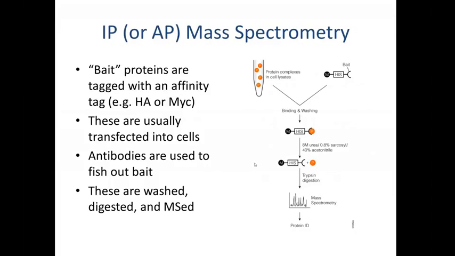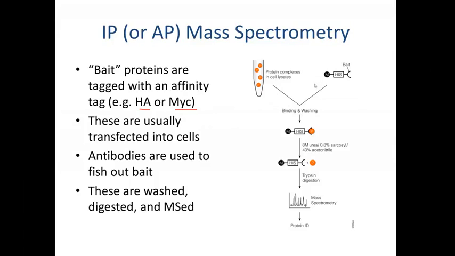So here's the other important and highly used approach, which is the IP mass spectrometry approach. In this approach, bait proteins are tagged with an affinity tag, for example, an HA tag or a Myc tag, and these protein fusions are usually transfected into cells.